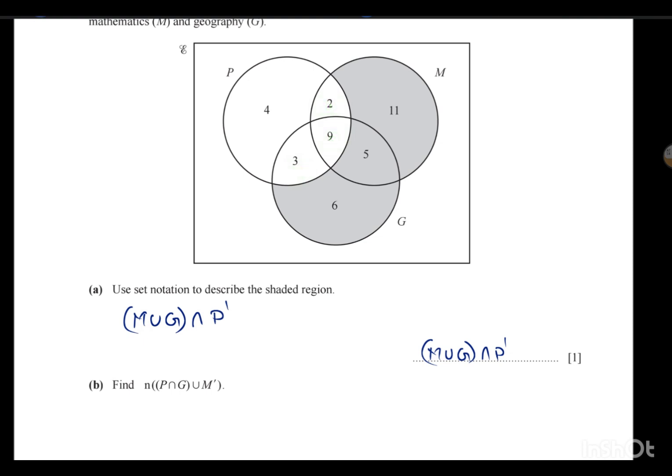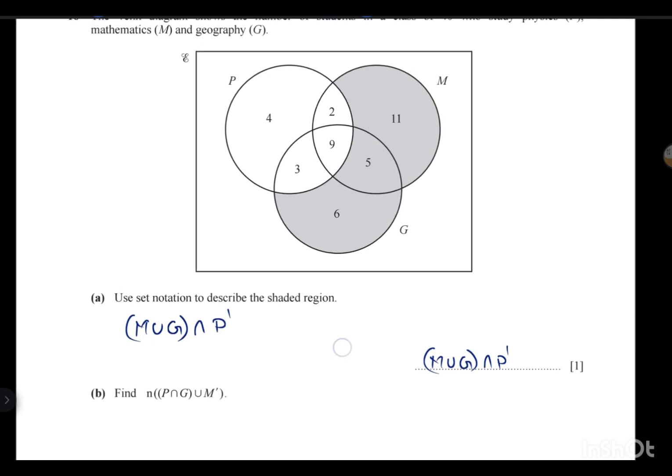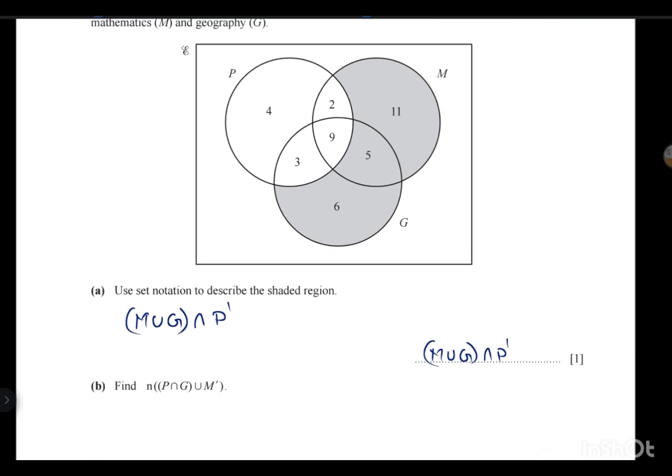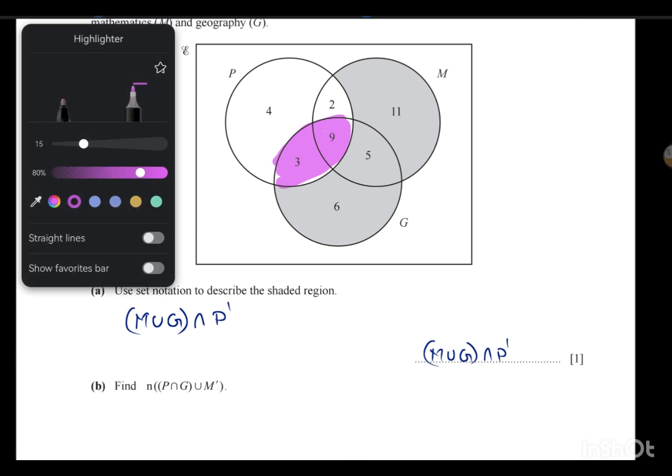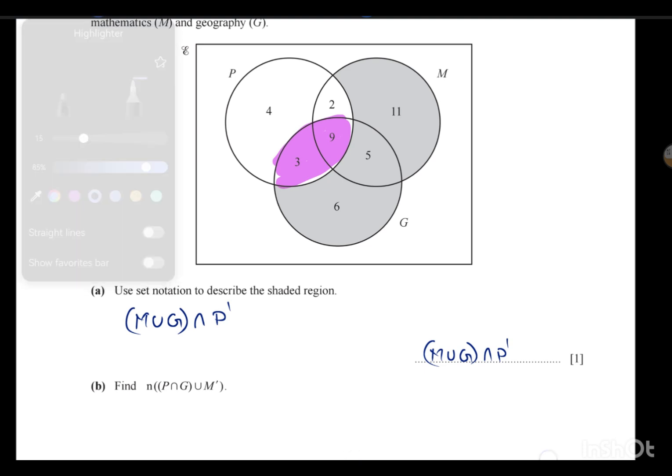Yeah, wait, let me shade this part. P intersection G is this part, and let me change the color, M complement will be this part.